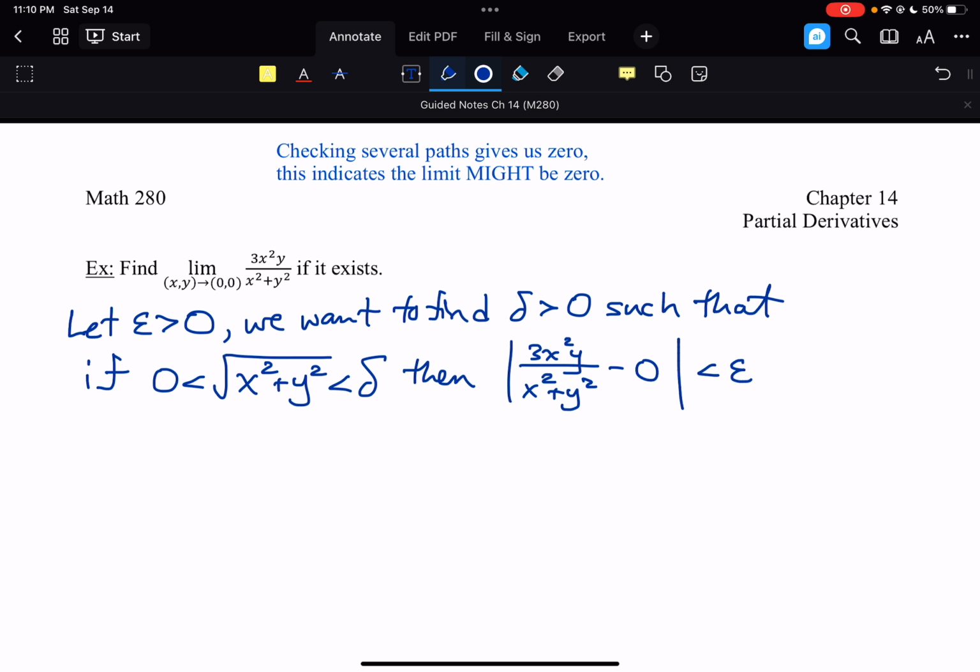Another way to rewrite this: we don't need absolute value on all of this. Everything here is either a number or squared, except for this y. So this would be 3x squared, absolute value of y, over x squared plus y squared, less than epsilon.